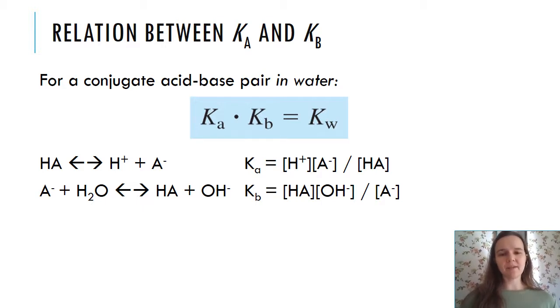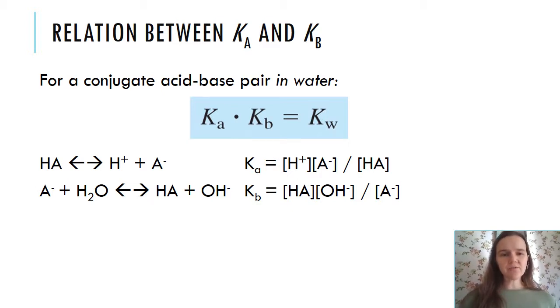Now, how does this come to be? I've written for you here the weak acid and weak base equations. So weak acid, you have HA going to H plus and A minus. For the base, I've chosen to write the base as A minus, taking the point of view of this conjugate base and its interaction with water.